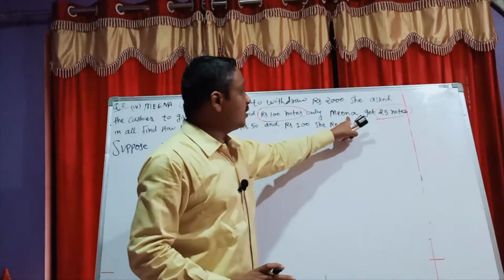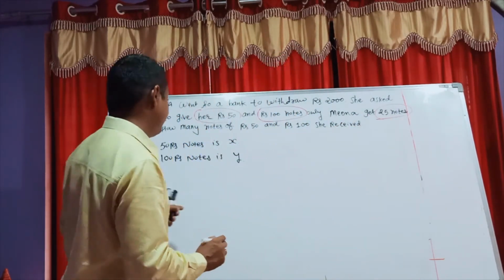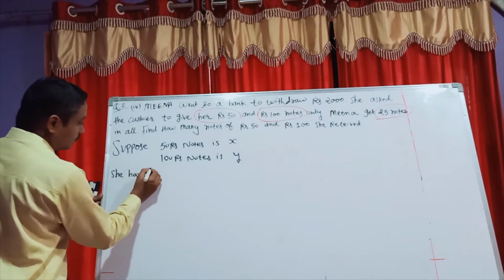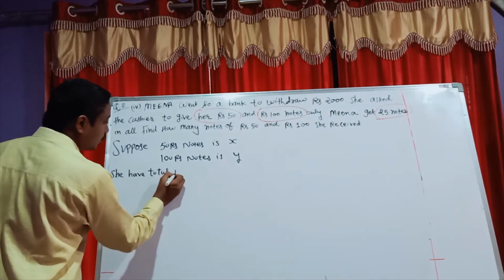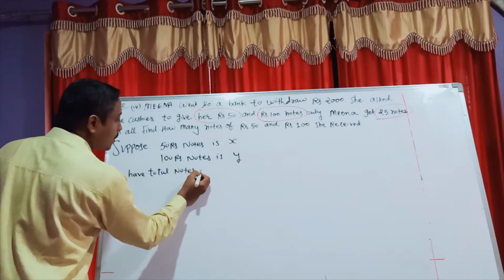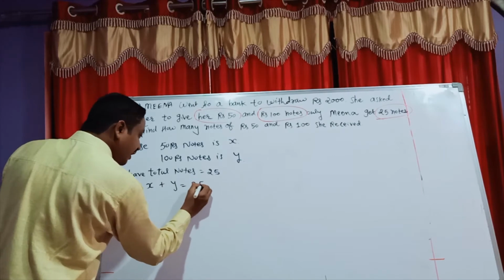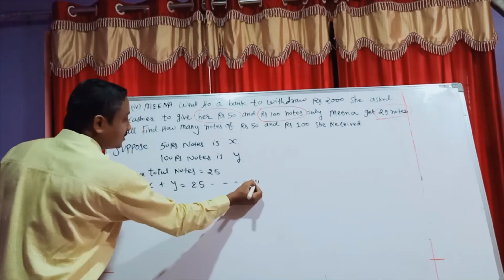Now check how many total notes? 25. She has total notes 25. That's why x plus y is equal to 25. You get the first equation.